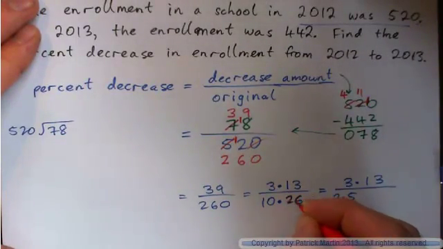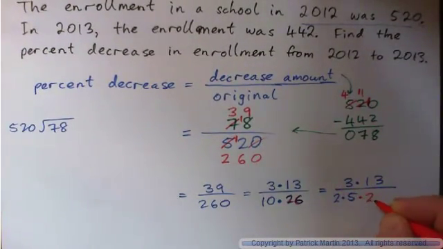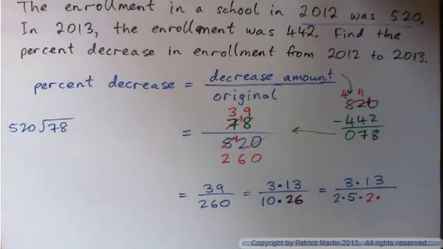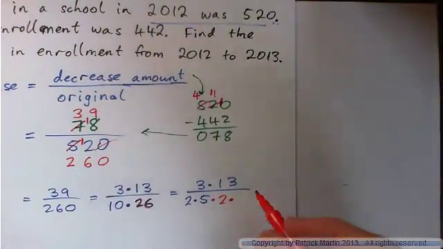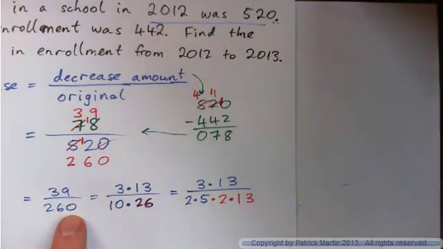Can you factorize 26? 26 is an even number. 26 is 2 times what? Well, 2 times 1 would give the 2, and 2 times 3 would give the 6. So what this 39 over 260 becomes is 3 times 13 over 2 times 5 times 2 times 13.